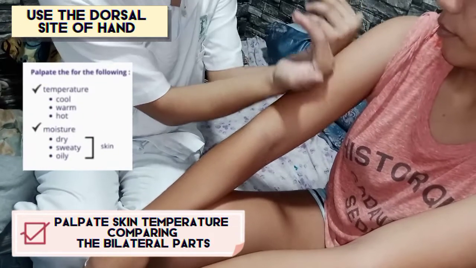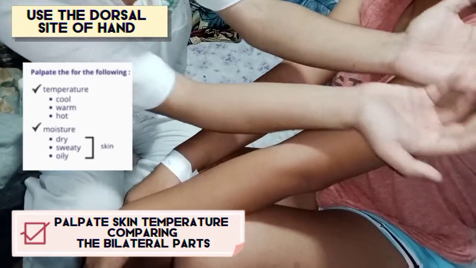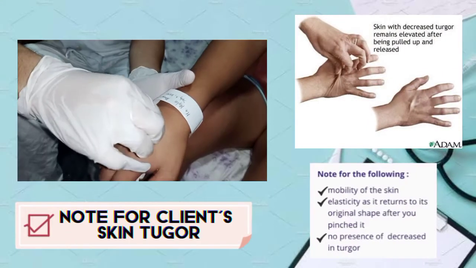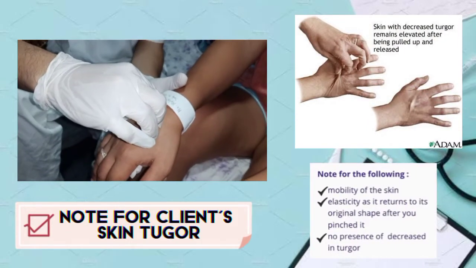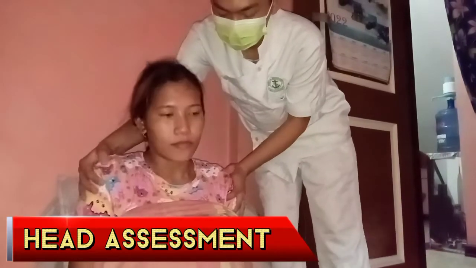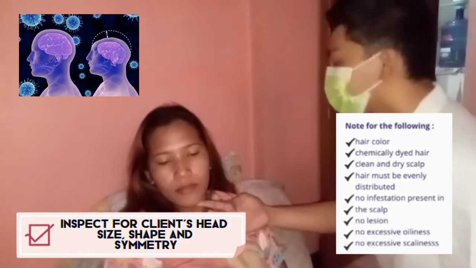After that, palpate skin temperature comparing bilateral parts. Next, you should note the client's skin turgor. Inspect the client's head size, shape and symmetry.